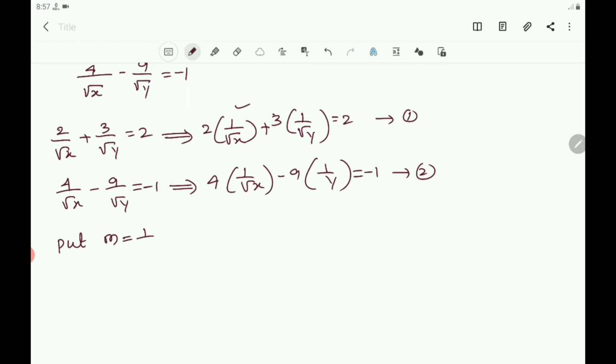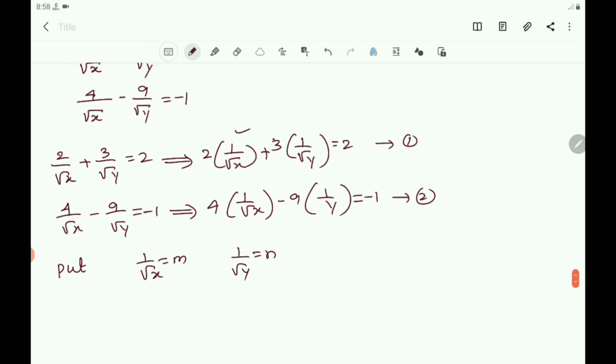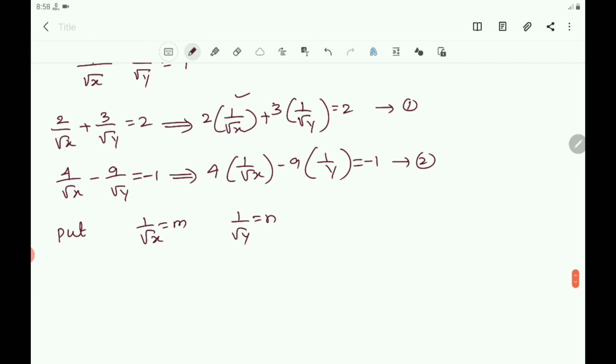M is equal to 1 by root x and n is equal to 1 by root y. Both are the same here.